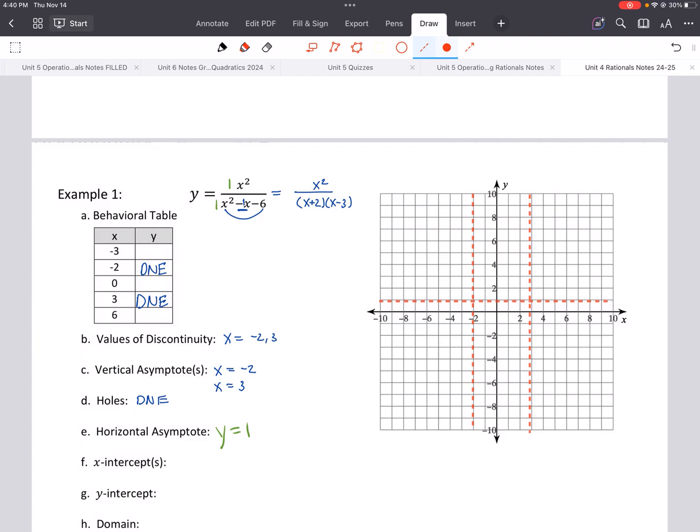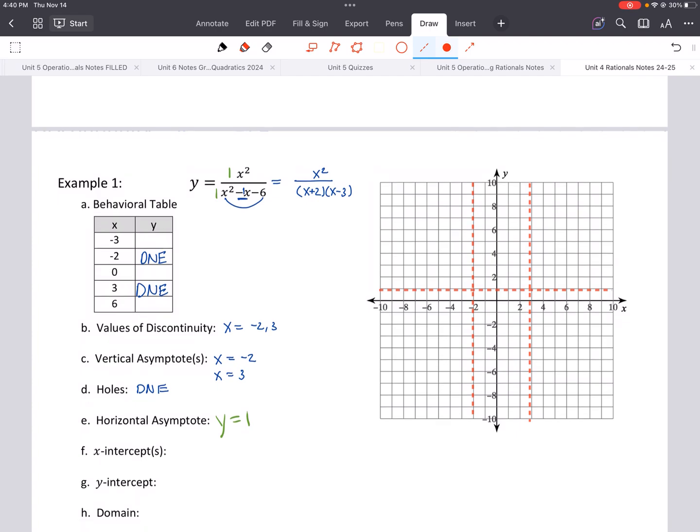Okay, like that. And then the x-intercepts are what make the numerator 0. The only thing that's going to make the top 0 is 0, so (0, 0). And if the x-intercept is (0, 0), that means the y-intercept has got to also be (0, 0). But we could plug that in.